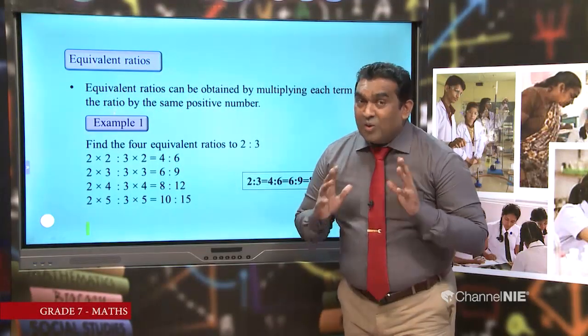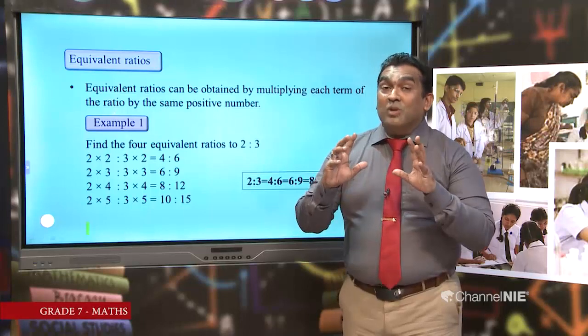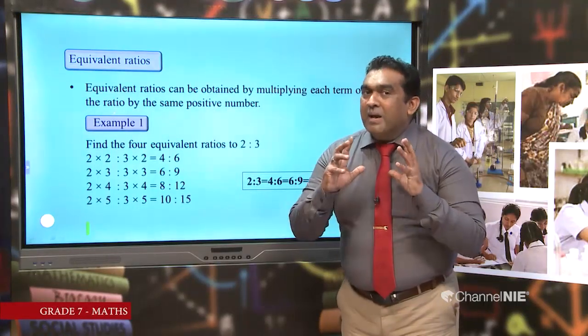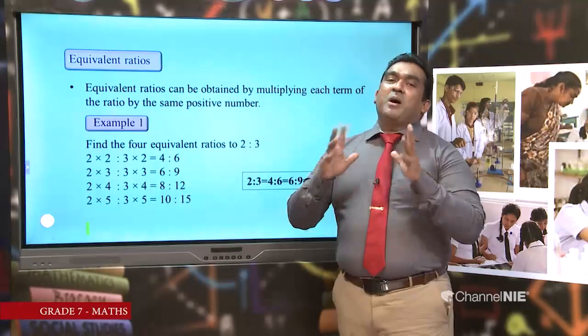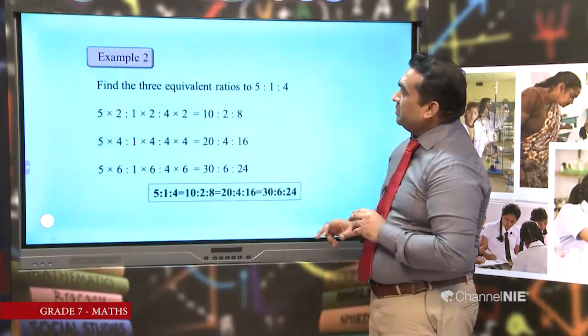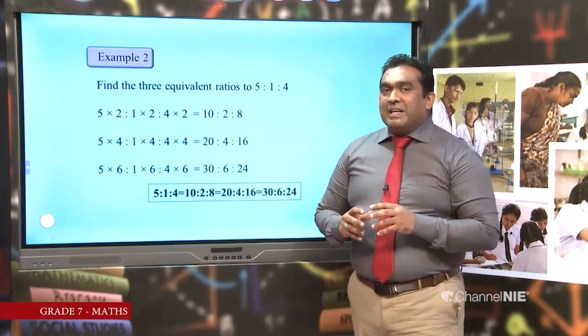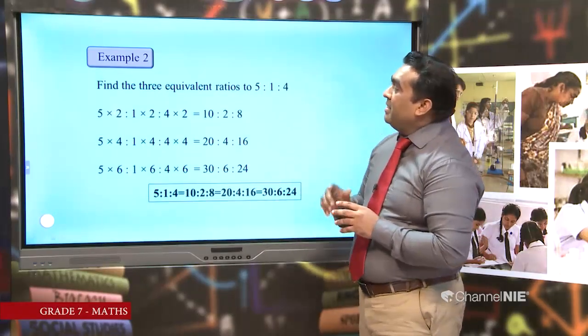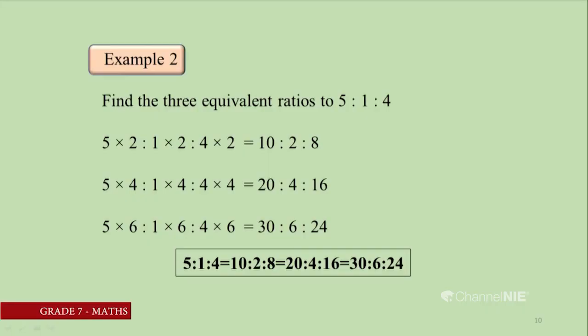Understood that? Okay. Multiplying the two numbers in the ratio by the same positive number. Now your second example: find the 3 equivalent ratios to 5 is to 1 is to 4. Then 5 multiplied by 2, 1 multiplied by 2, 4 multiplied by 2, and your equivalent ratio is 10 to 2 to 8.